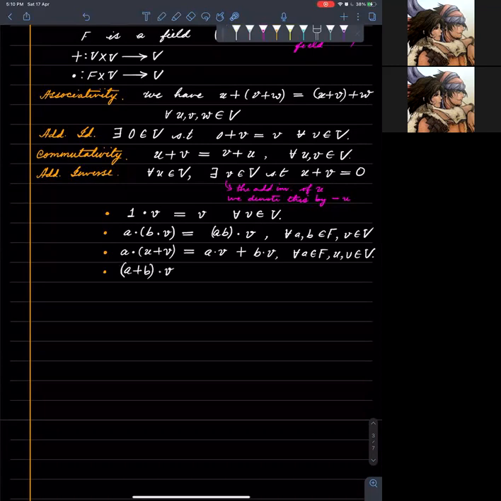Now note that this plus is really the addition happening in the field. a and b are elements of F, and this addition is happening in the field. Do not confuse this with the addition of the vector space. And this dot is the scalar function, which takes a pair, whose first component is an element of the field, and the second component is an element of the vector space. It produces a vector, and with this axiom, this should be satisfied for all a, b in F, and v in V.